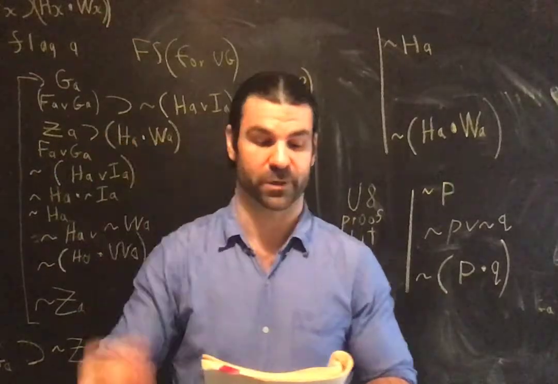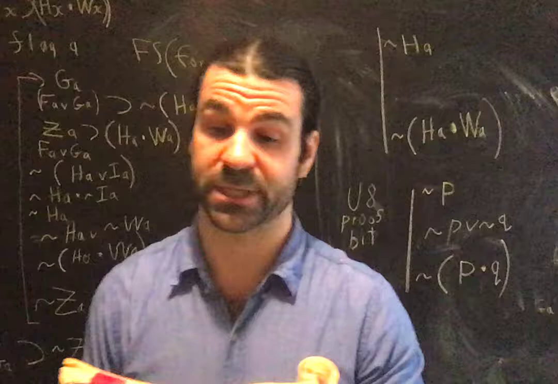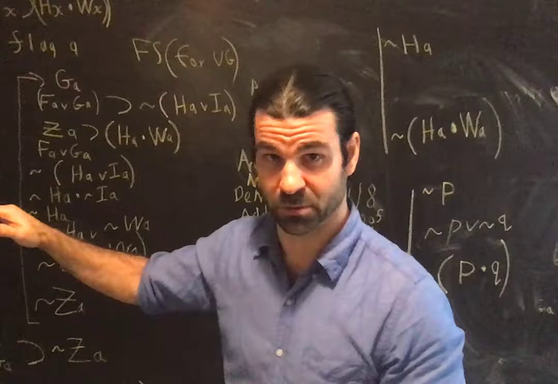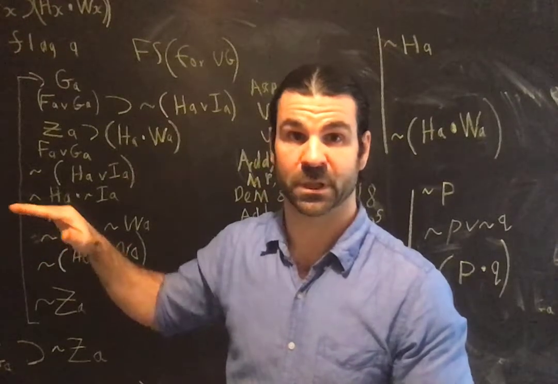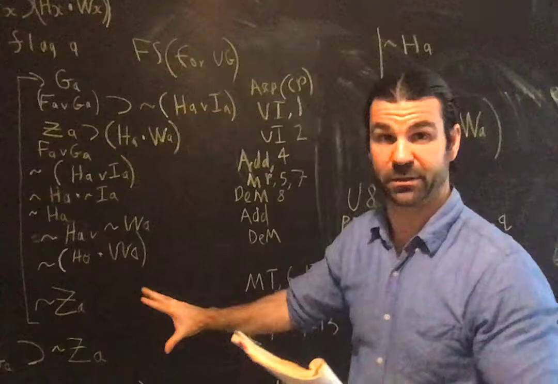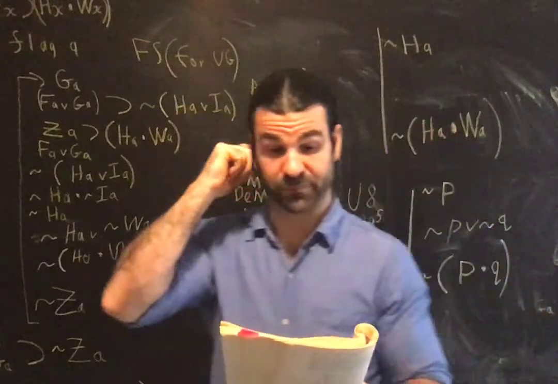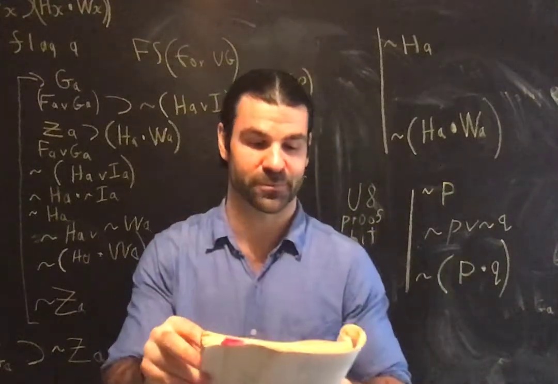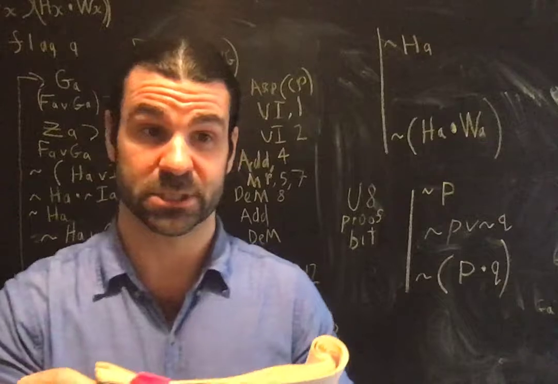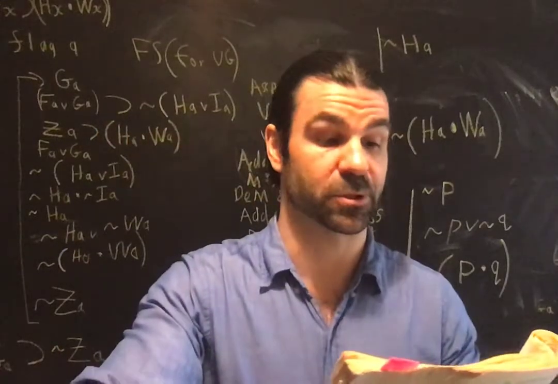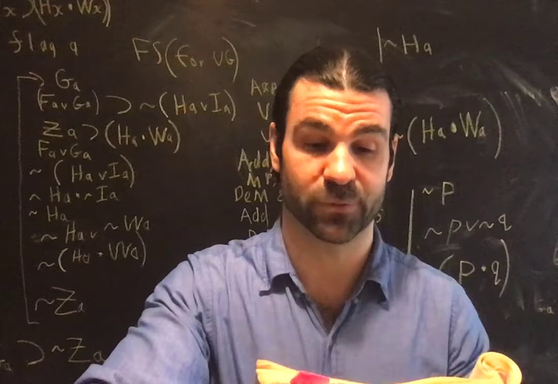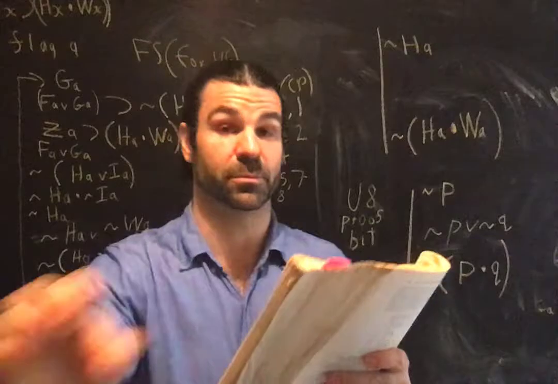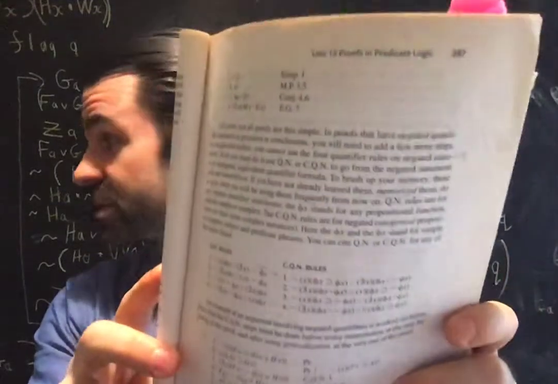In proofs that have negated quantifier statements as premises or conclusions, you will need to add a few more steps than just instantiation rules, truth functional reasoning, and then generalization rules. As emphasized earlier, you cannot use the 4 quantifier rules on negated statements. That's referring back to 284. What you must do is use QN or CQN to go from the negated statement to its unnegated equivalent quantifier formula. To brush up on your memory, these rules are stated below. If you have not already learned them, memorize them. And so this is what she lists, the QN and the CQN rules.